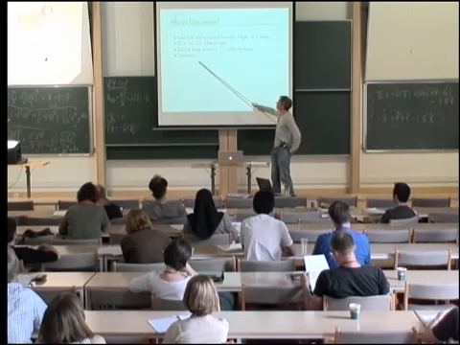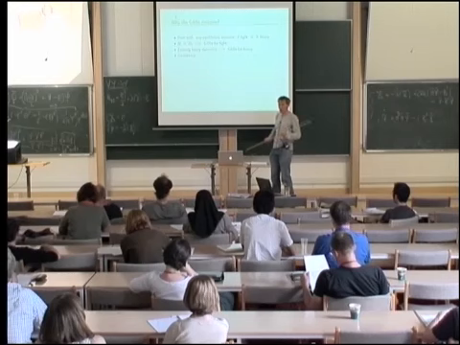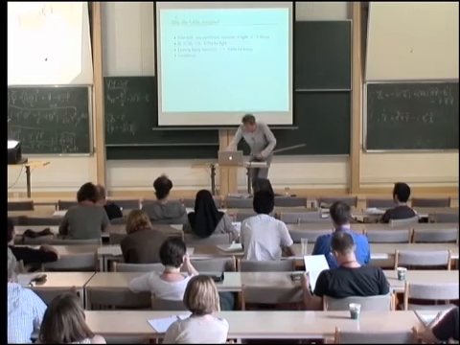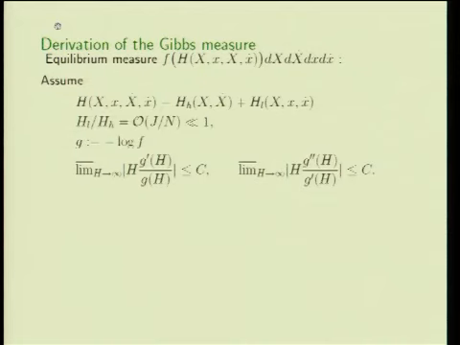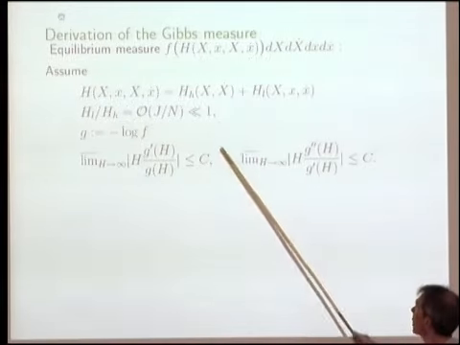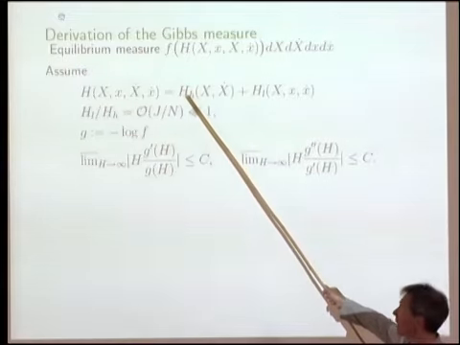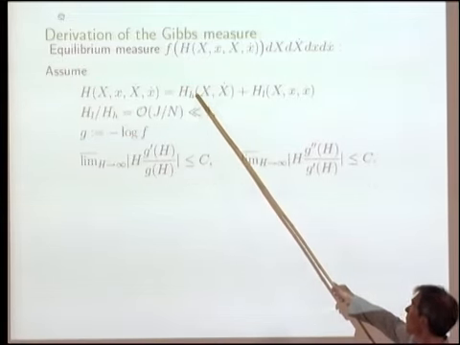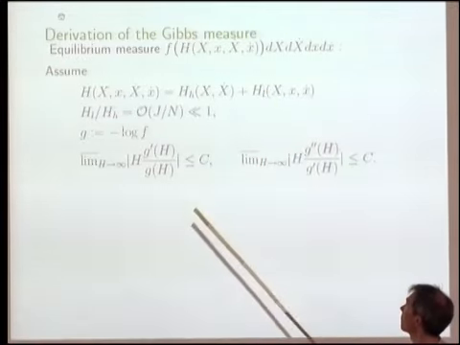If this should now be the same as you started with, then you have only the possibility of Gibbs. So let me show you now. This is simple, but here are some assumptions. You have the Swansea model, heavy particle Hamiltonian part and light particle Hamiltonian.